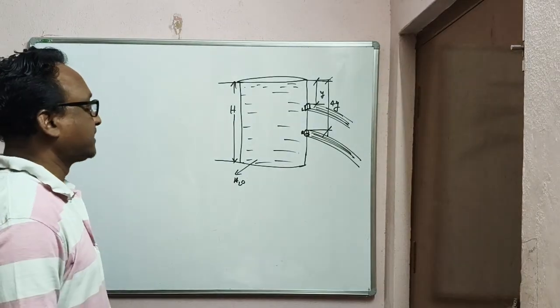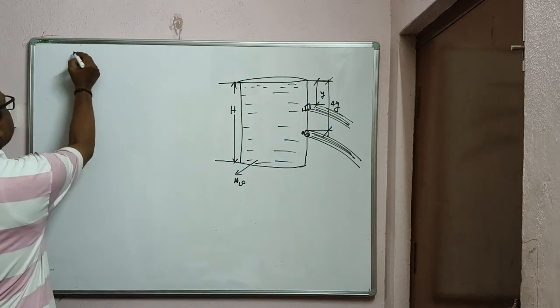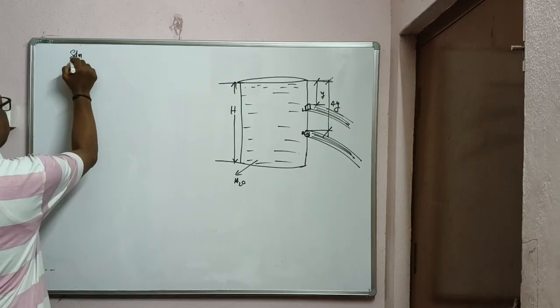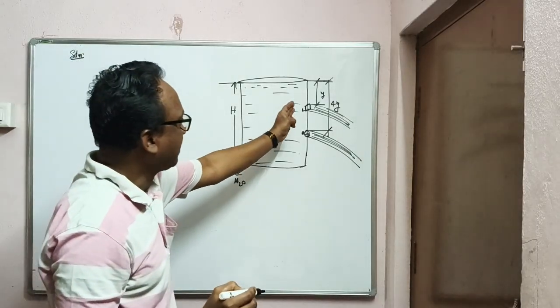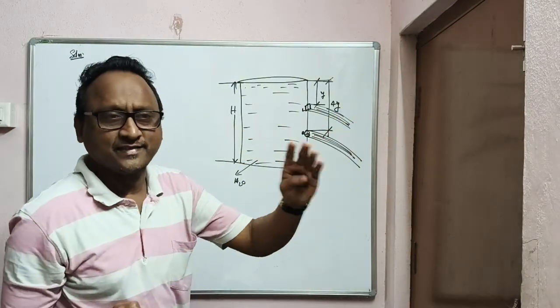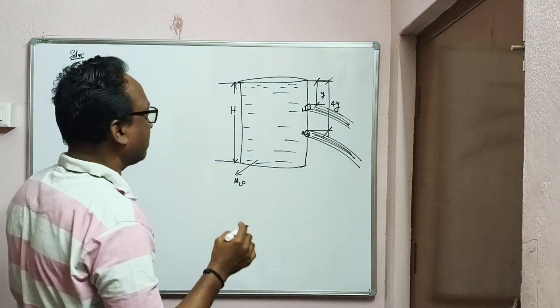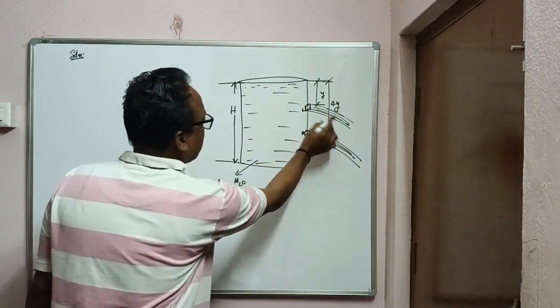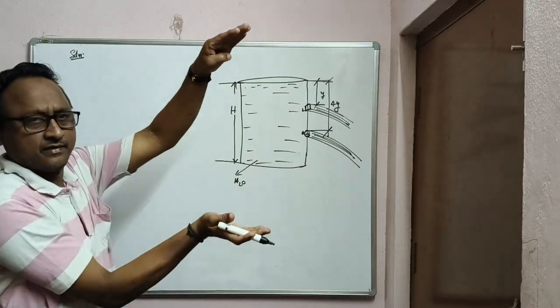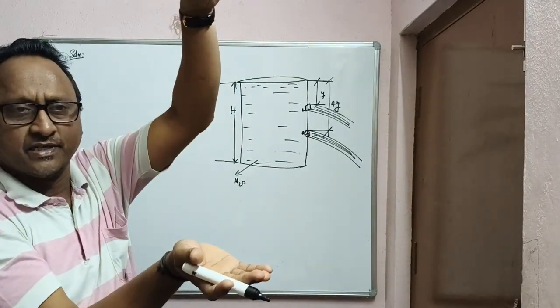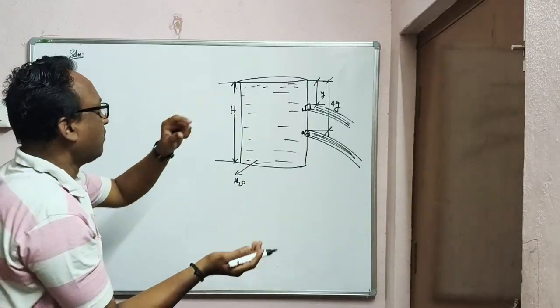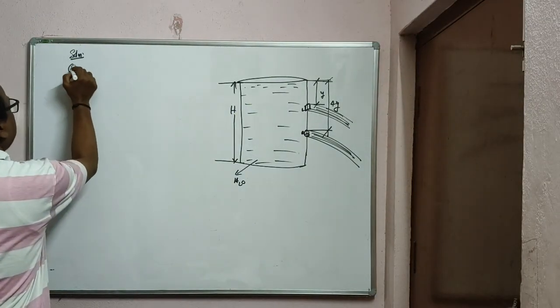So how to solve such problems? Solution. What is coming from the holes? Fluid is coming out, which means volume is coming out, that is quantity. Because H is constant, H is not decreasing, the quantity is constant.